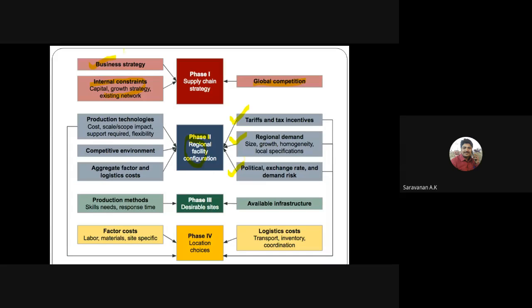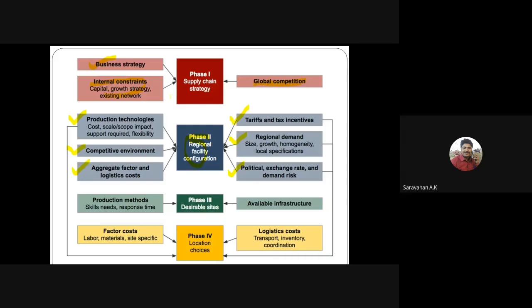Then the production technologies and the facilities available there. Then the competitive environment. Then the aggregate factors of logistics and transportation: how the facilities are there from the logistics point of view.